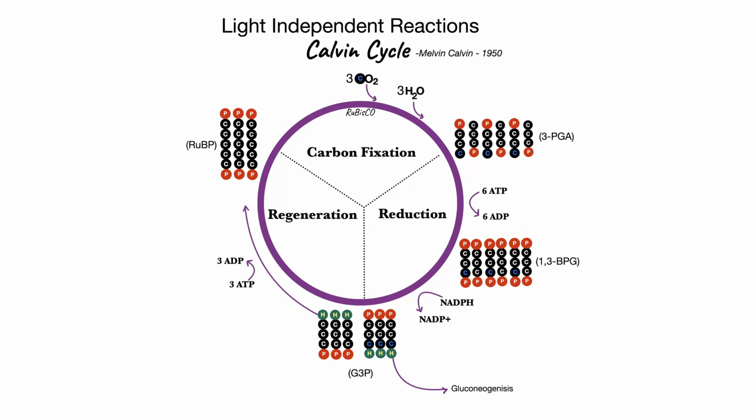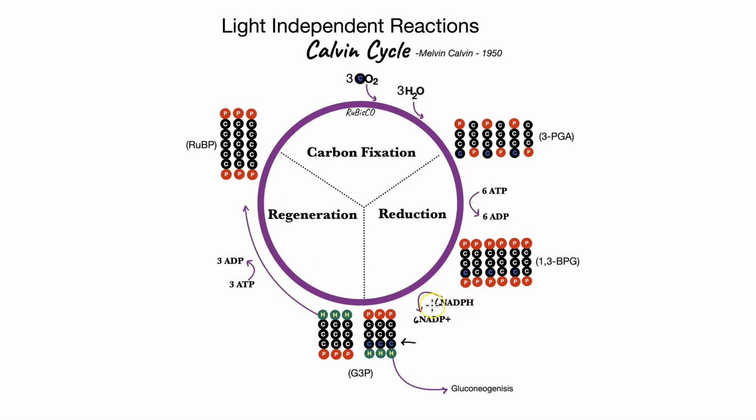All right, so let's talk about an overview of what's happening between the light dependent reactions and the Calvin cycle here. Remember, we definitely needed 6 NADPHs if we're going to theoretically make and fix enough carbons here to make 1 G3P. We have to accept 3 carbons in this cyclic system to produce enough carbons to theoretically make a 3-carbon molecule. It's a precursor. Let's think about that for a second.